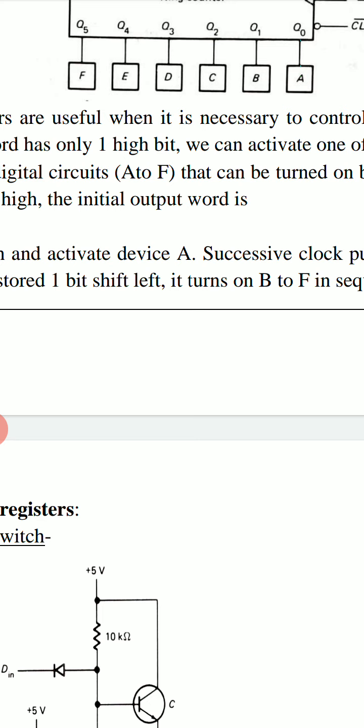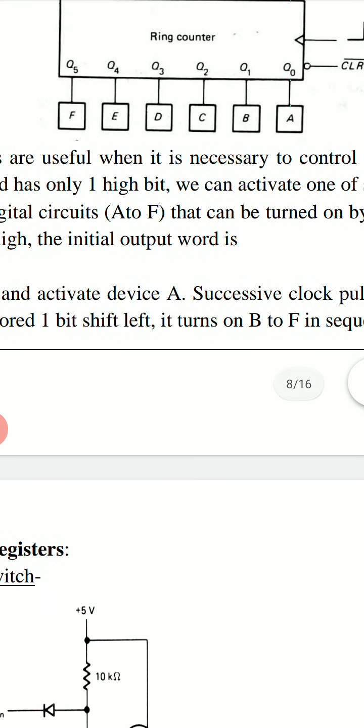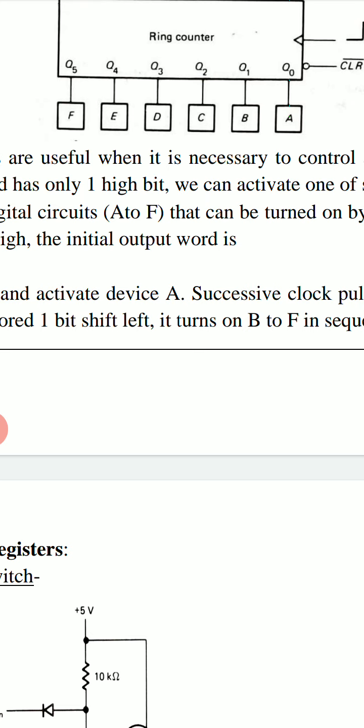So in the initial word Q0 is 1 and other Q bits are 0. So this high Q0 will activate device A. In the next word this one shifts to Q1. Q1 becomes 1, others are 0. So it will activate device B.